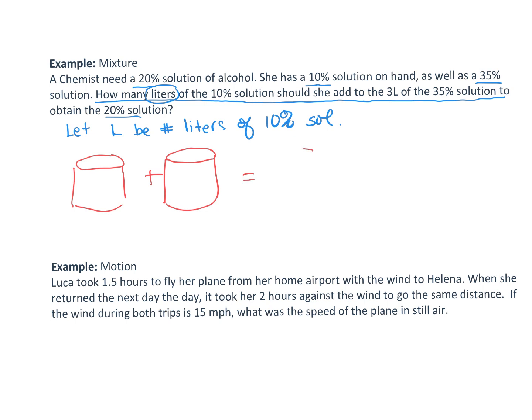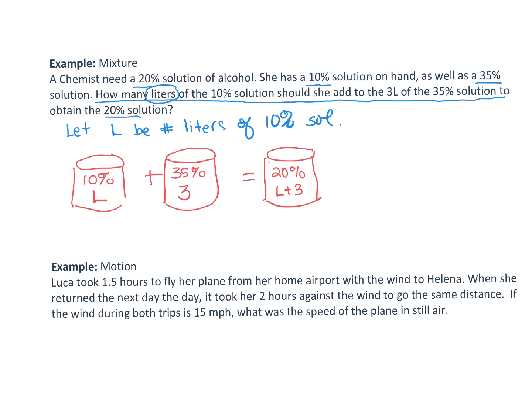So we know we want a 20% solution, so 20%. And we know we have a 10% solution, and we have L liters of that. And we have a 35% solution, and we have 3 liters of that. So if I add L liters to 3 liters, this is going to be L plus 3 liters.